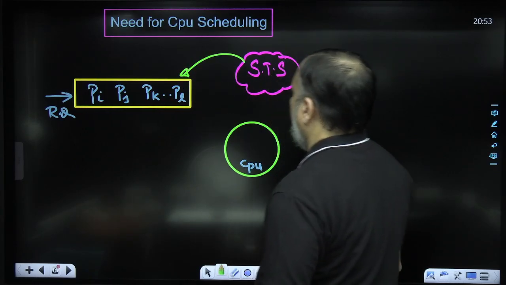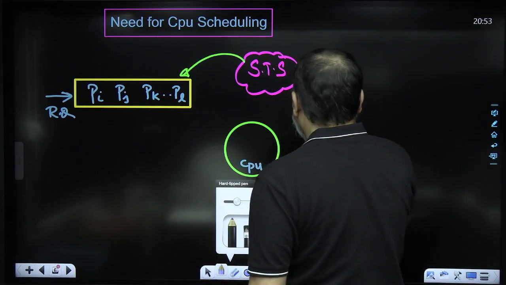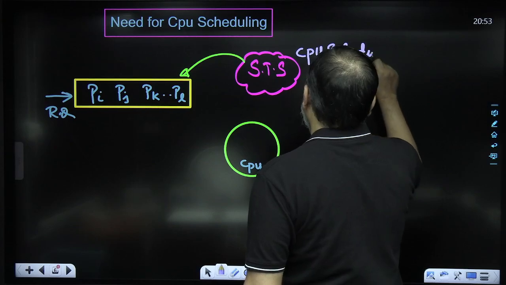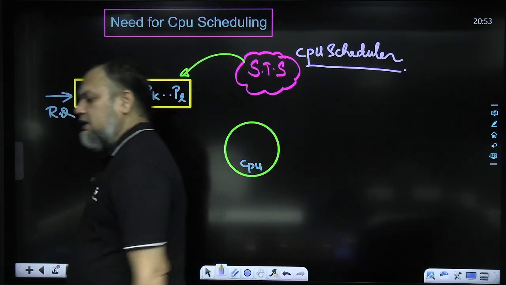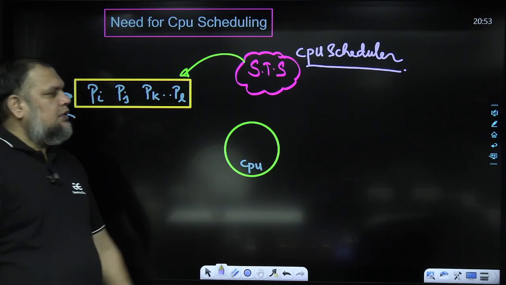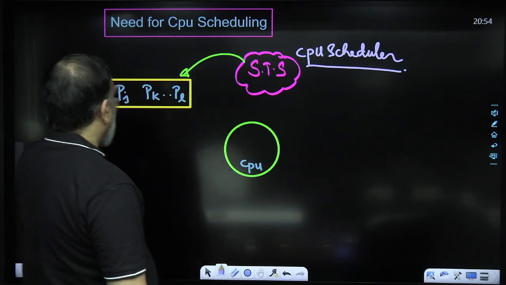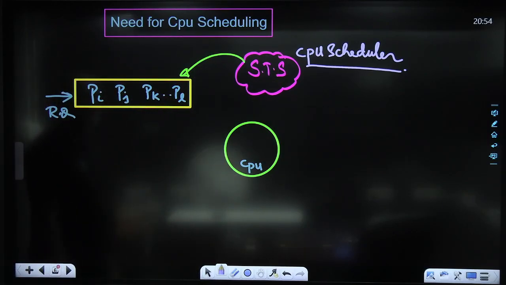So essentially the short-term scheduler is nothing but the CPU scheduler. We said that earlier when we were discussing schedulers and dispatcher. The CPU scheduler is primarily responsible for deciding which ready process should run next onto CPU whenever the CPU is idle. So that is the need for CPU scheduling.